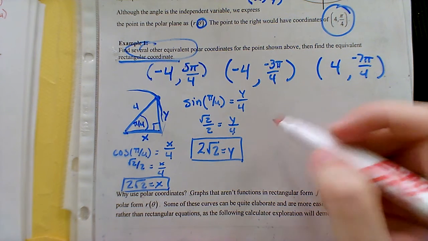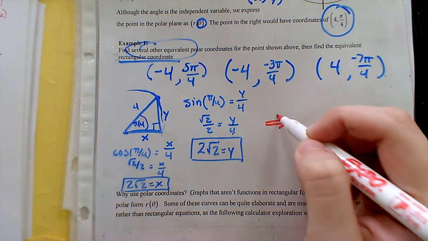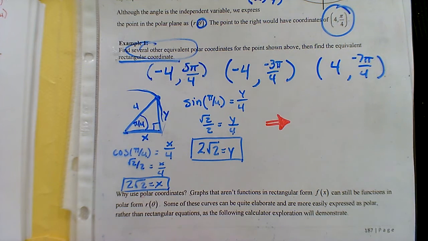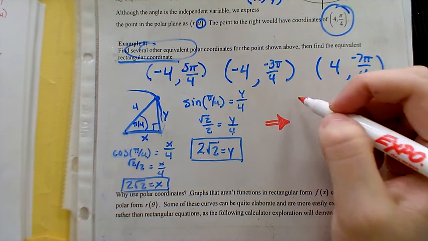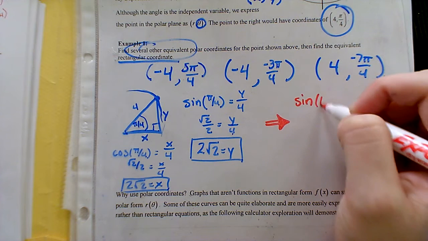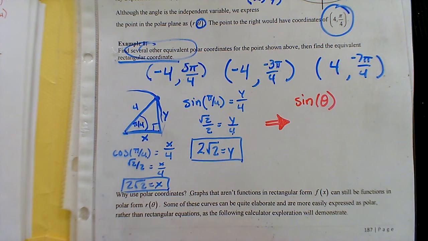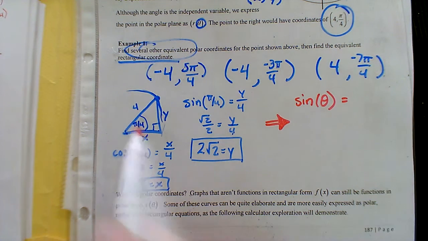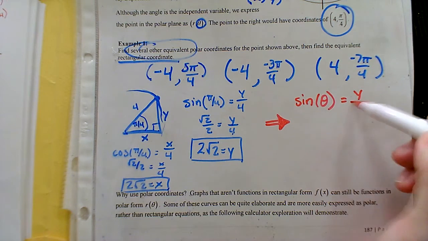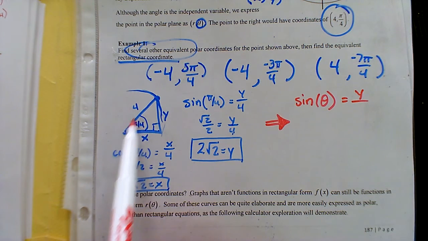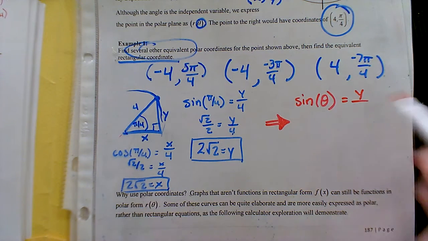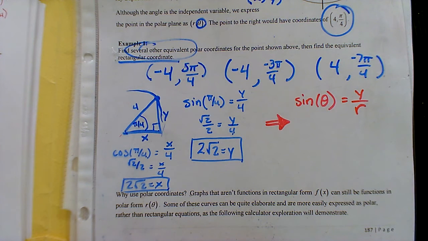This is going to lead us into some general formulas that we're going to have to be familiar with. I can generalize this particular example as the sine of some angle of rotation, whatever it is, would be the y-coordinate over the radius, which in our example was 4.